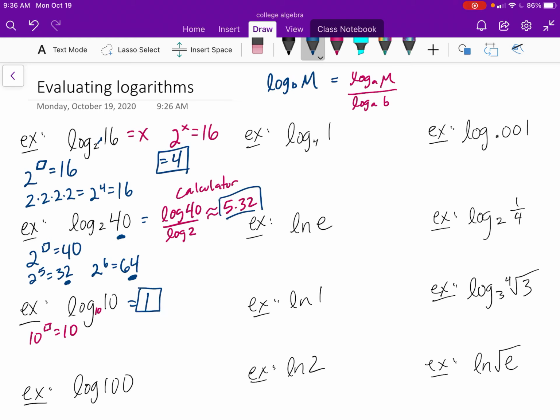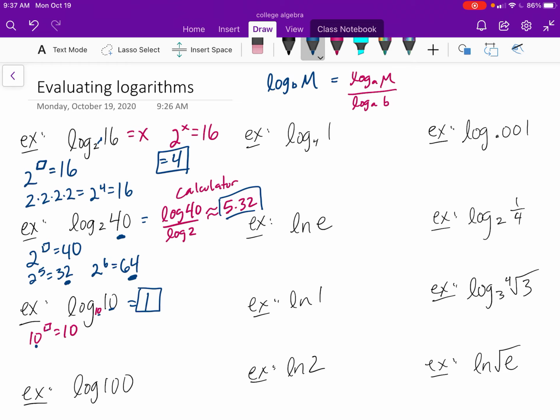Now, another reason this is important to point out is if your base and the number you're taking the logarithm of match, if they're the same, you could think of it as canceling out. But why do they cancel? It's because taking that base raised to the 1 is that number.